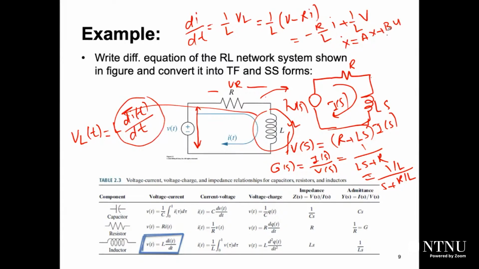So we can say that this B equal 1 divided by L, and I have here x dot, which is I dot, equal minus R divided by L multiplied by x. So you can say that A, in this case, will be minus R divided by L. So in fact, this is a first order differential equation, and it represents my system. So we can represent my system by this equation, di by dt equal minus R divided by L multiplied by I plus 1 divided by L multiplied by V.